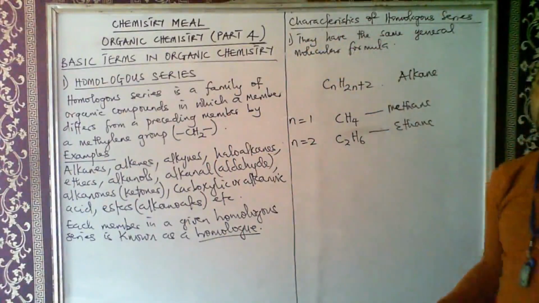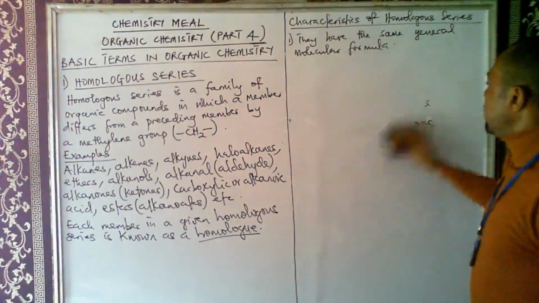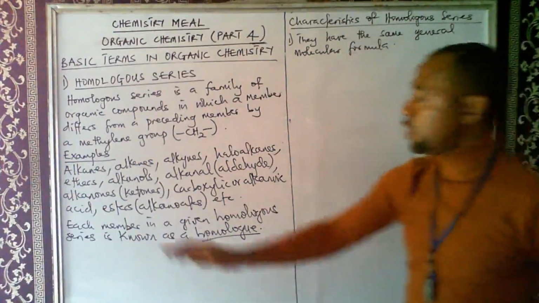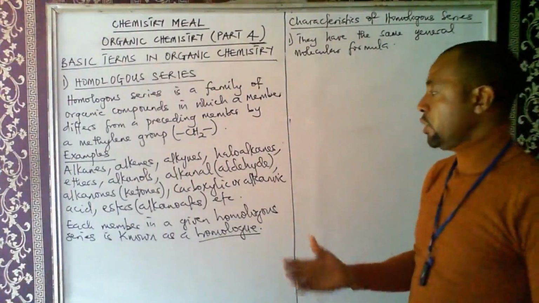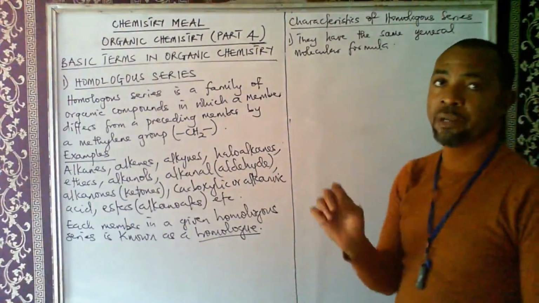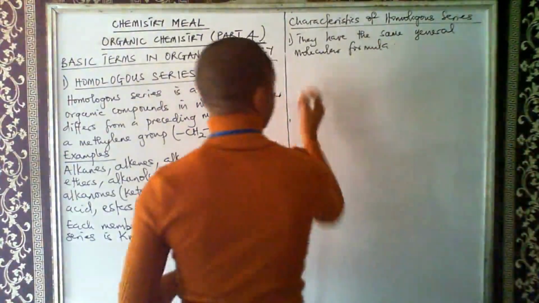That of alkene is CnH2n. We are going to see that when we begin to study each of the homologous series, in the introductory part we usually talk about their general formula.